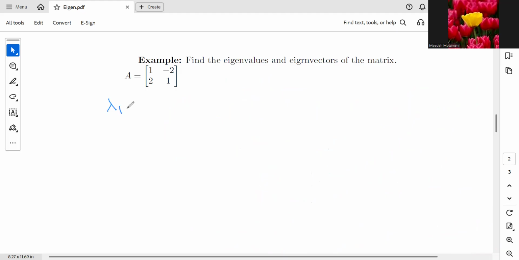Let's say lambda 1 is 1 plus 2i. The matrix that we had, let me write it here again, was 1 minus lambda, negative 2, 2, and 1 minus lambda. And in order to apply this matrix on a typical vector, that would be v sub 1, v sub 2, the answer should be 0, 0.